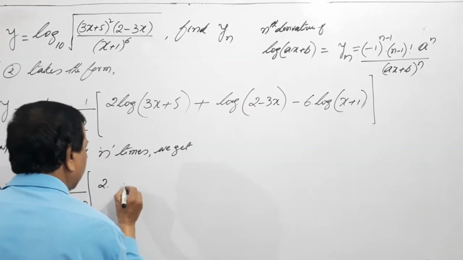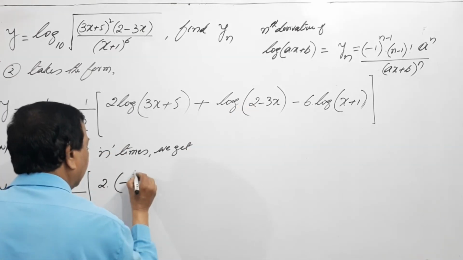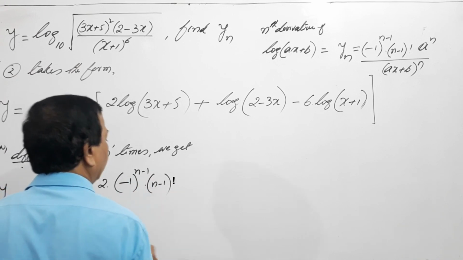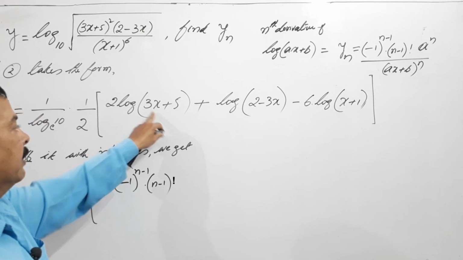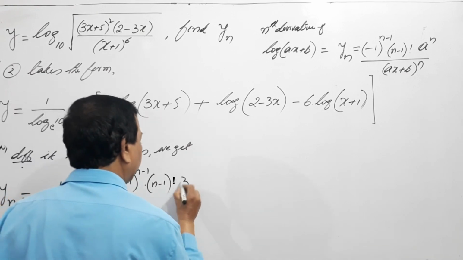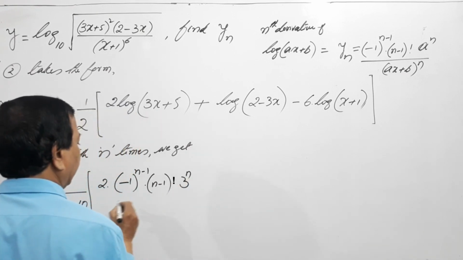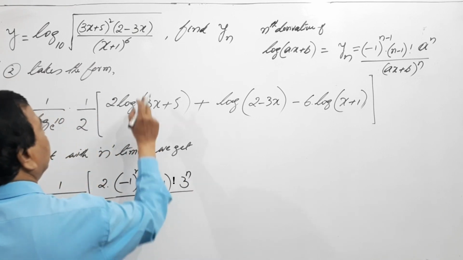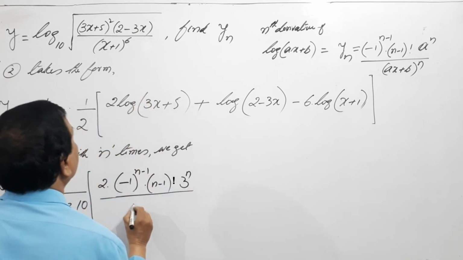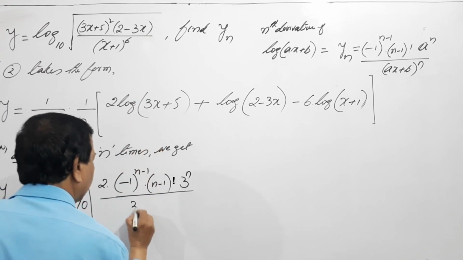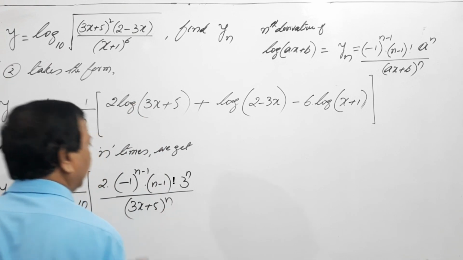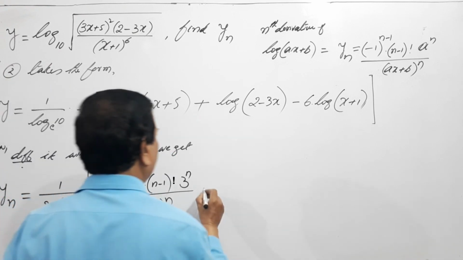So this will be what? What is the formula? Minus 1 to the power of n minus 1 into n minus 1 factorial, and here the coefficient of x is 3. This will be 3 to the power of n divided by 3x plus 5 to the power of n. You have a plus sign, put a plus sign here.